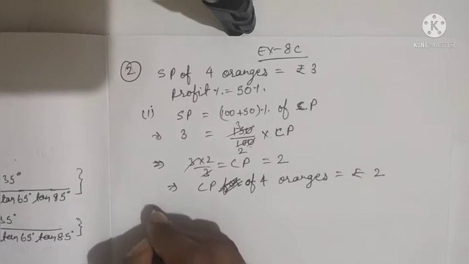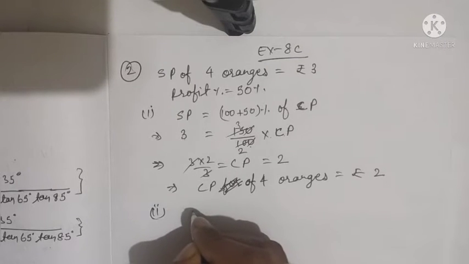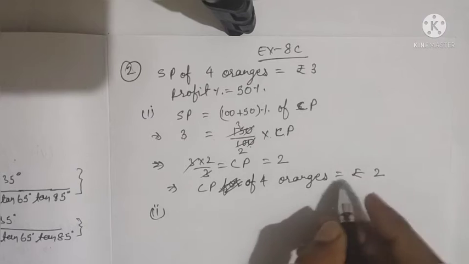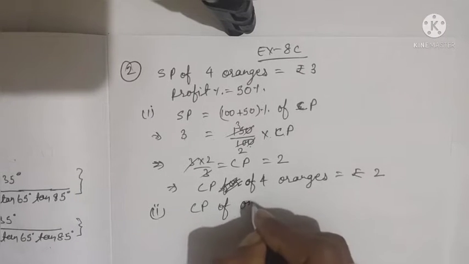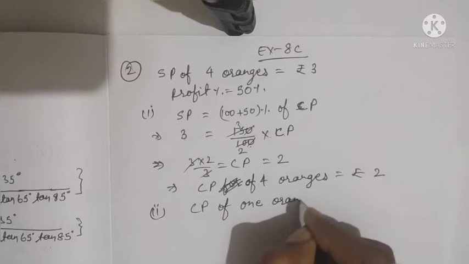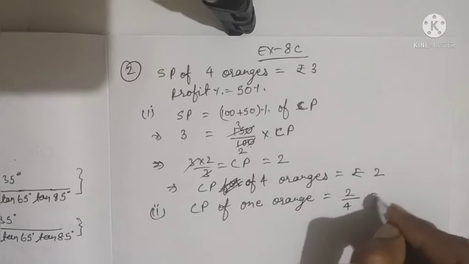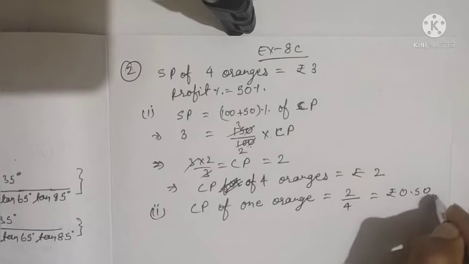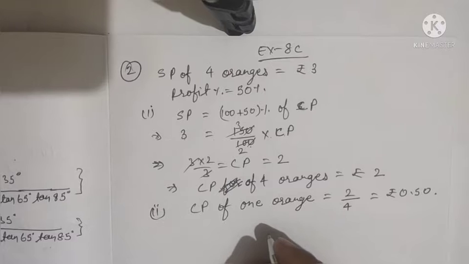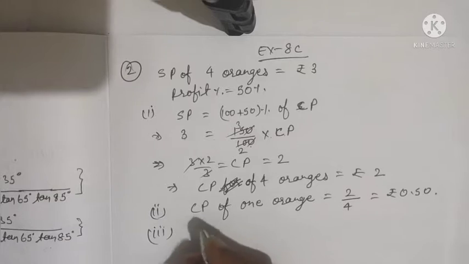Simple. Now question number 2 is CP of 1 orange. We have the CP of 4 oranges, now we are going to find CP of 1 orange. CP of 1 orange is equal to 2 by 4, that means rupees 0.50. Simple. And question number 3 is SP of 1 orange.